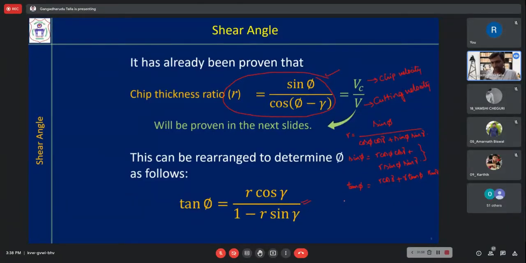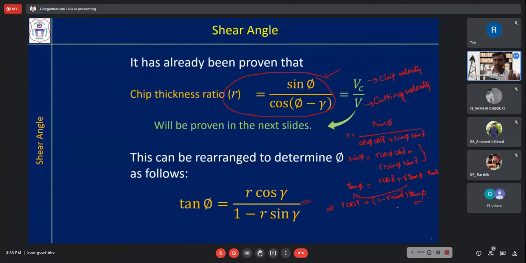So you can write now R cos gamma is equal to 1 minus R sine gamma times tan phi. I have taken this on this side.